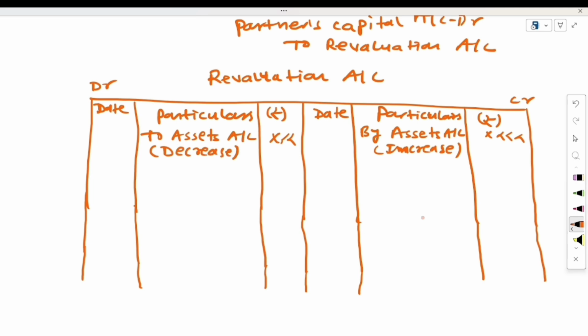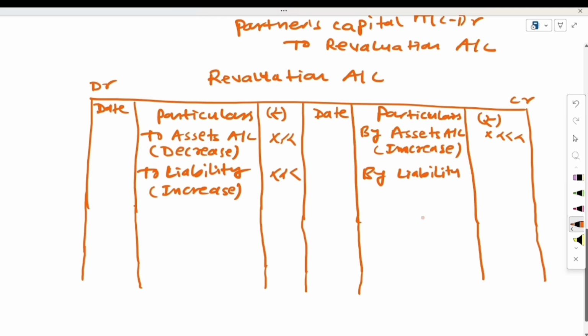If we talk about liability, an increase in liability will be debit to liability account with the increase amount. For a decrease in liability, you will write here to liability account; here it will be the decrease.